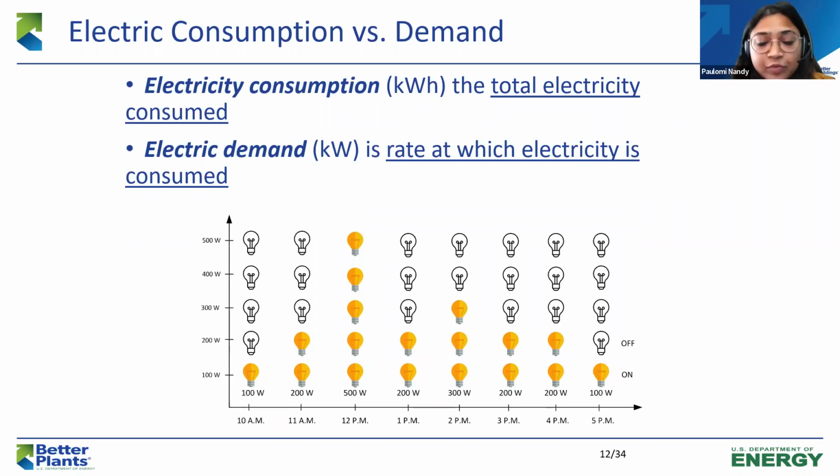And at 12 p.m. in this graph, you can see all the lights are turned on. So for this case, the electric demand for this facility is 500 kilowatts, whereas the total energy consumption is 1.8 kilowatt hours.